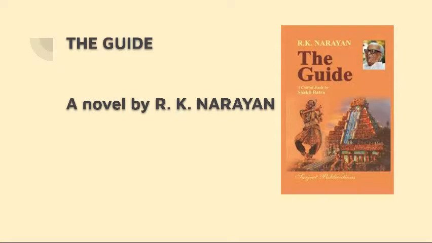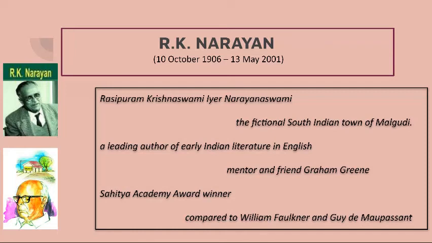Now let's come to the second slide. So as you can see in the picture, there's a picture of R.K. Narayan, and the full name of R.K. Narayan is Rasipuram Krishnaswamy Iyer Narayan Swamy.